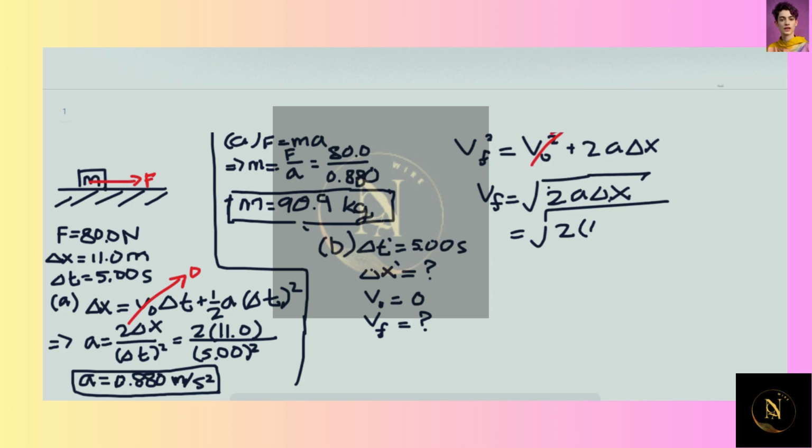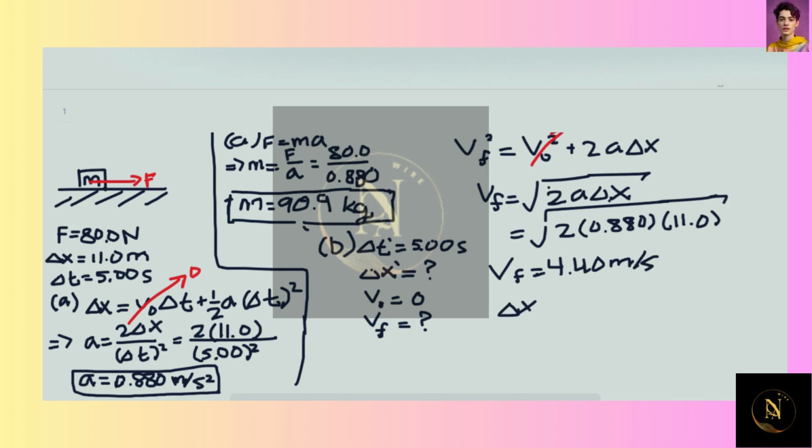So the acceleration that we found was 0.880. Multiply that by delta x, which was 11 meters. And then get that the final velocity was 4.40 meters per second.